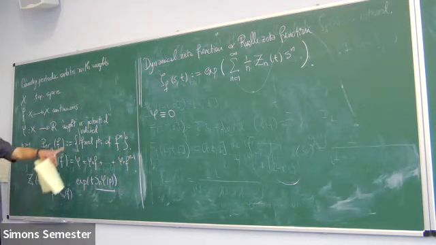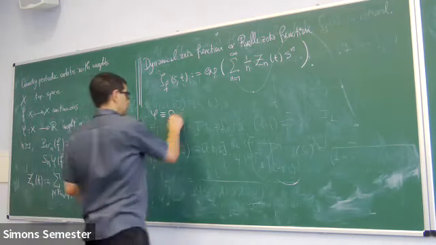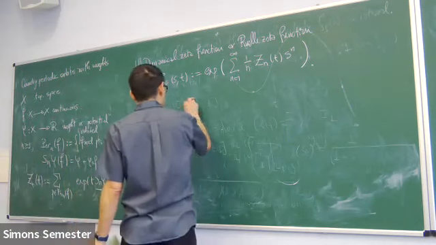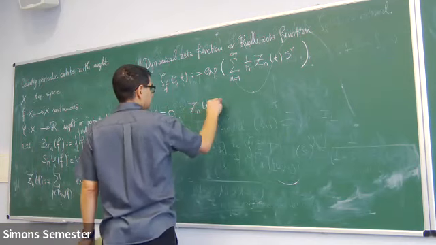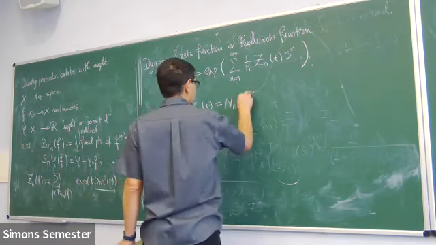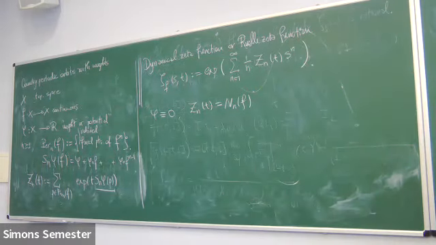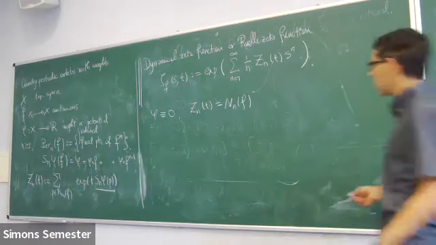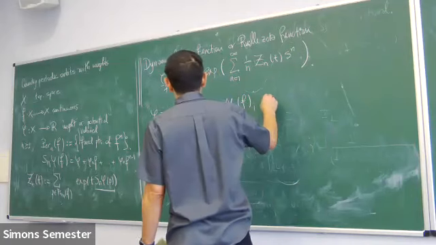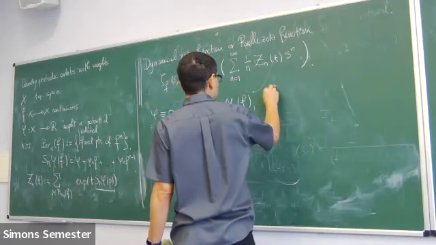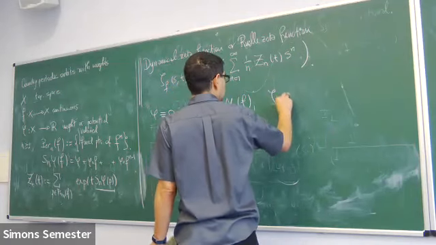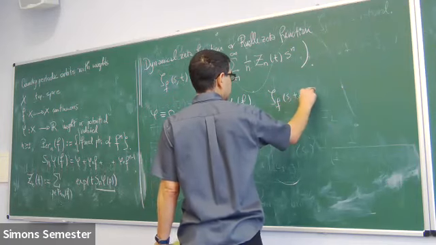So in the case the weight is 0, this is just the number of isolated fixed points of F^n, and the zeta function is just the Artin-Mazur.